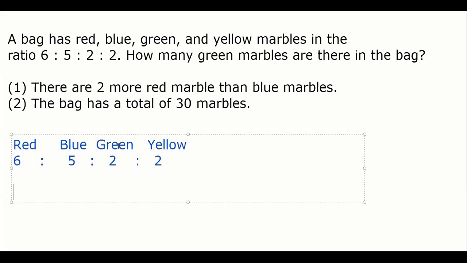Our objective is to find out how many green marbles. So for a ratio we can write 6x, and we can get the exact number. Suppose 6x red, 5x blue, 2x green, 2x yellow, right, Meghna? Yes, sir. So read the first statement and tell me sufficient or not. There are 2 more red marbles than the blue marbles. Is it sufficient to answer our question or not? No, sir. Explain why.